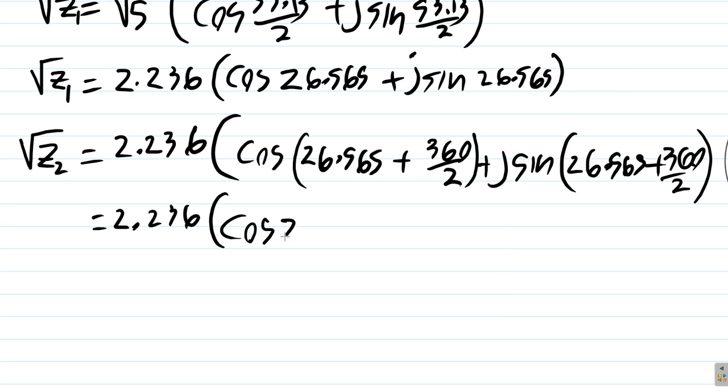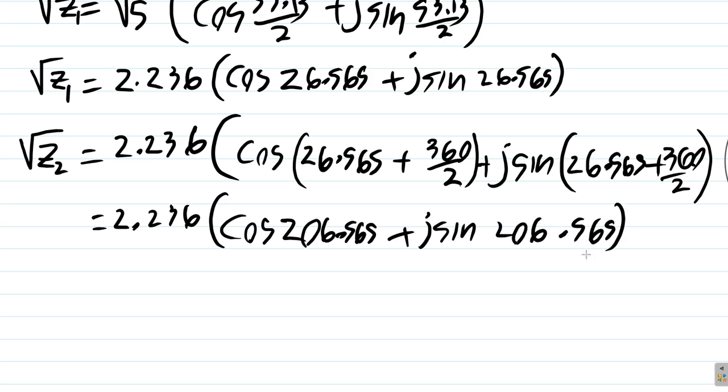So it is 206.565 plus j sine 206.565. Alright? So those are what we have.